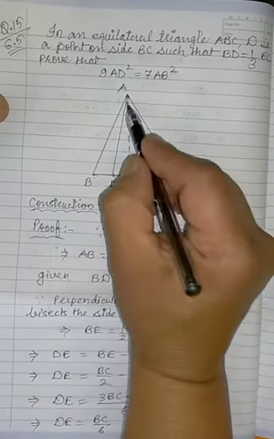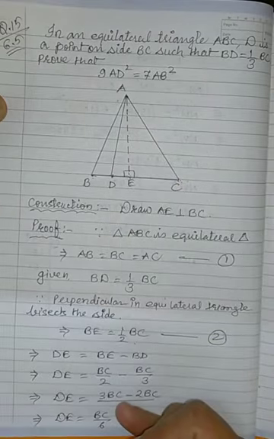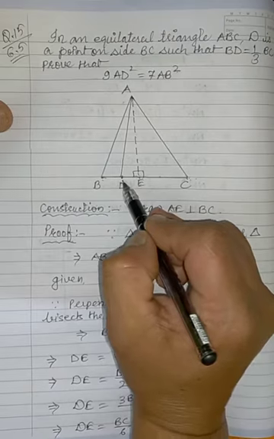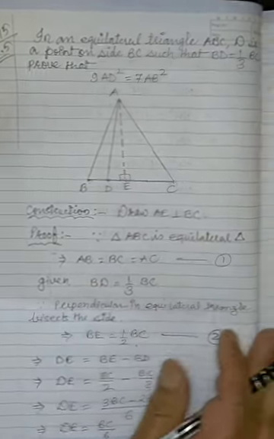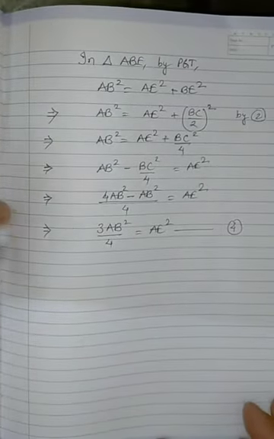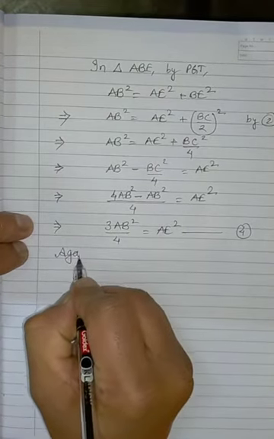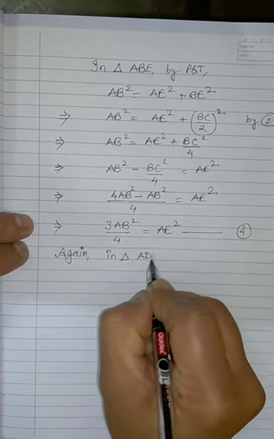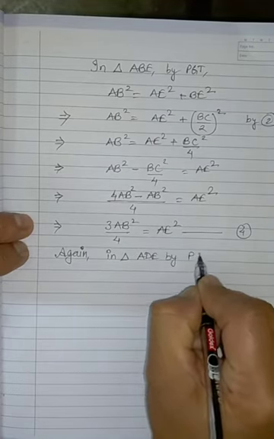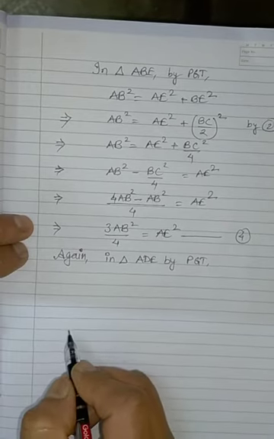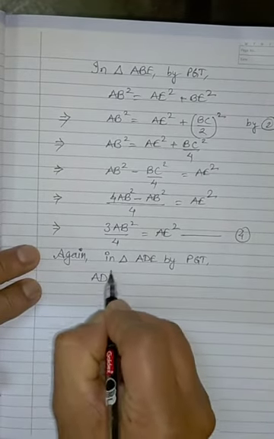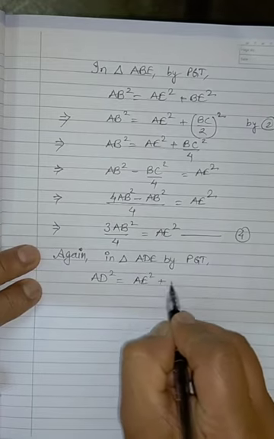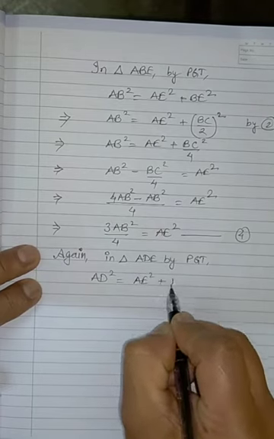Now let us take triangle ADE. The same way we will apply Pythagoras theorem here. So AD square is equal to AE square plus DE square.